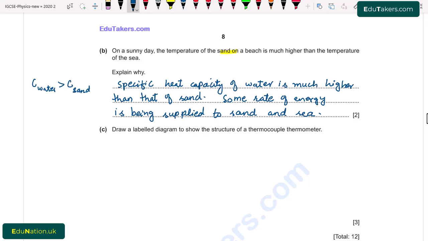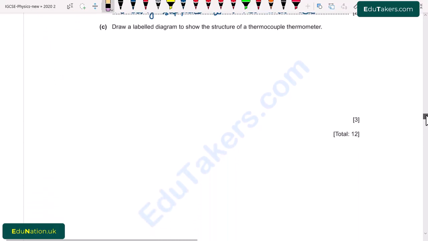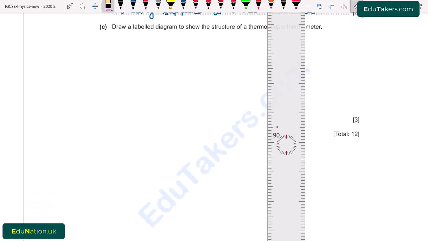Part C. Draw a labelled diagram to show the structure of a thermocouple thermometer. Here we have to draw the structure. So first of all I use a ruler.